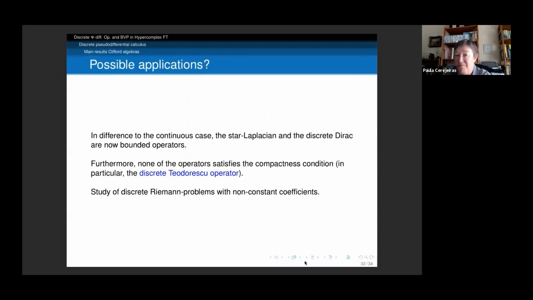In conclusion, the star Laplacian and the discrete Dirac are bounded operators in the discrete setting in the lattice. None of these satisfy the compactness condition, and this kind of theory allows you to study discrete Riemann problems with non-constant coefficients.